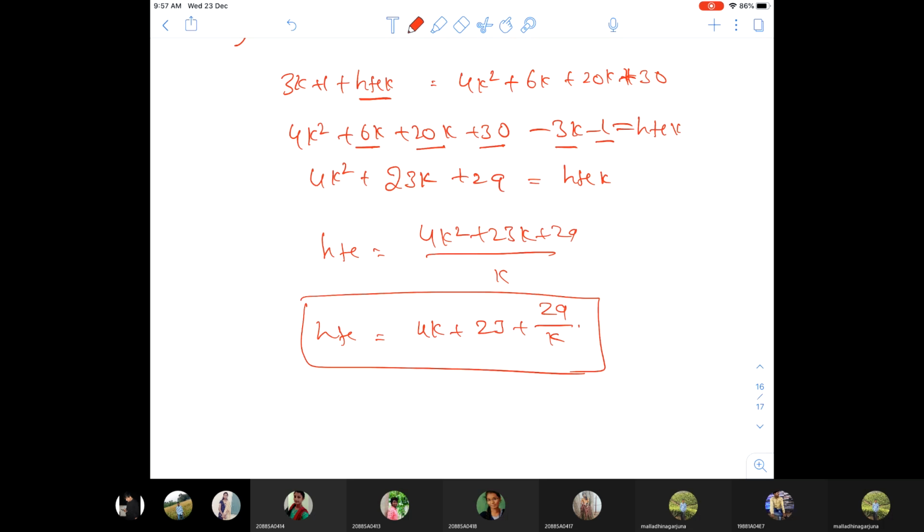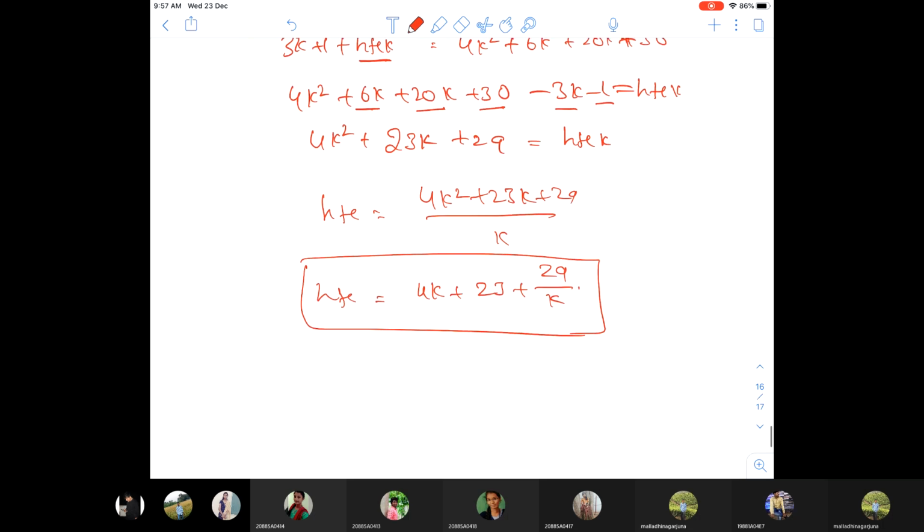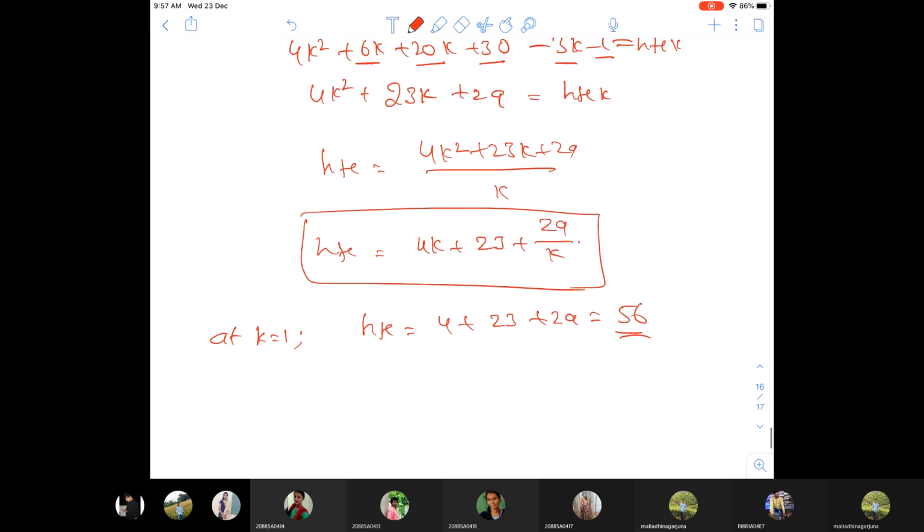At k is equal to 1, hfe equal to 4 plus 23 plus 29. So that is how much? I think 56. If k is equal to 1, you will get hfe equal to 56, right? So this is the hfe condition, right?